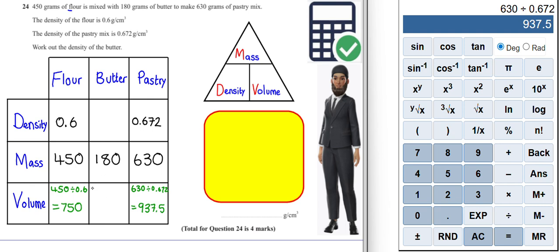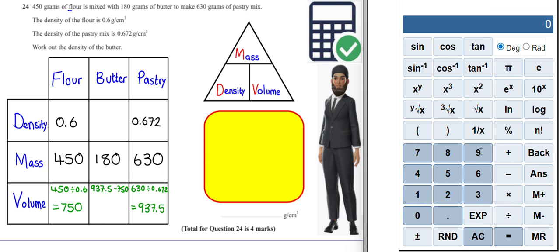Now, to work out the volume of the butter, what we need to do, the volume of the pastry, which is going to be 937.5 minus the 750. Actually, let's do that again.